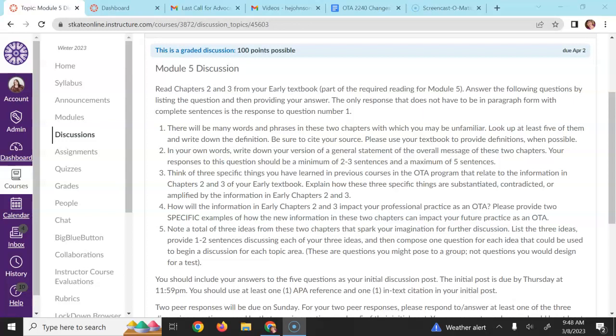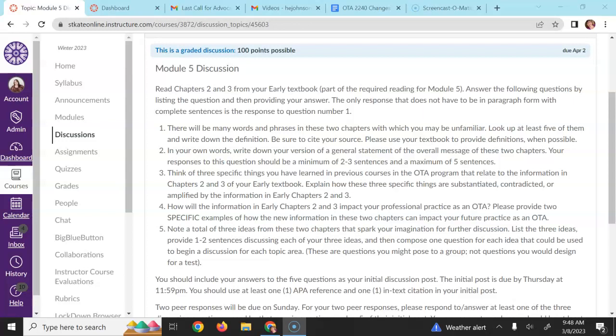Then for number 3, I want you to think of 3 specific things that you have learned in previous courses in the OTA program. Those could be courses that you took last term, or courses that you took in your prerequisite classes to prepare for the OTA program. I want you to think about 3 specific things you've learned in previous courses that relate to the information that you read in chapters 2 and 3.